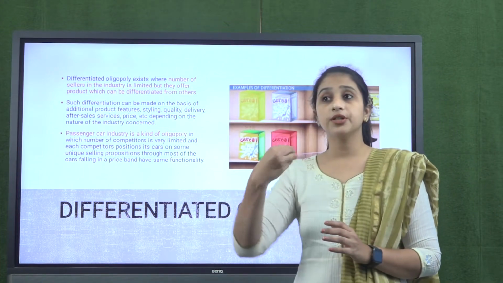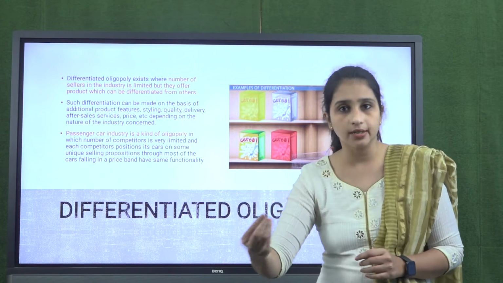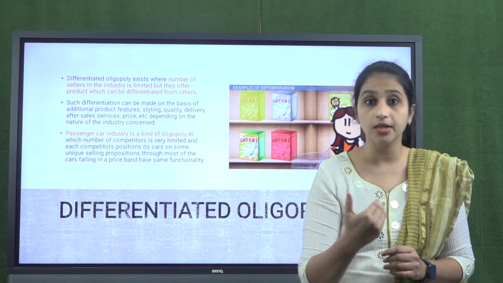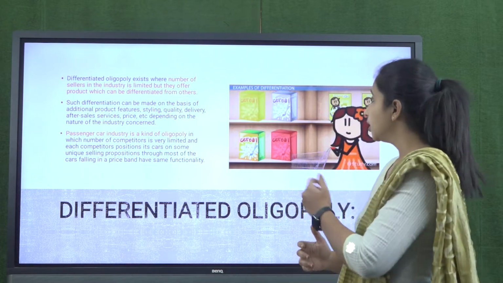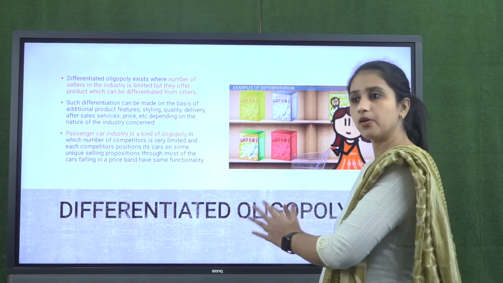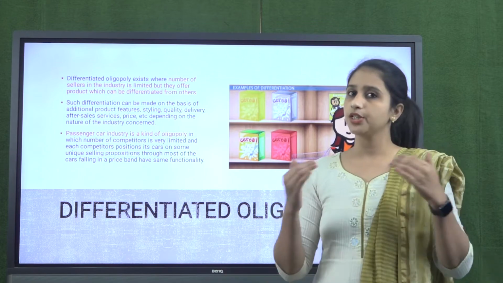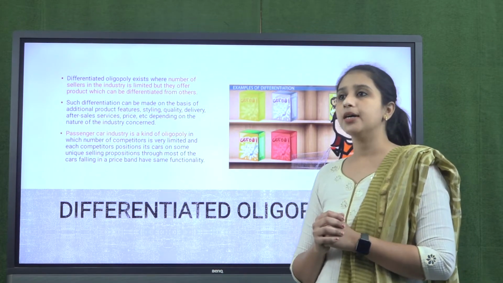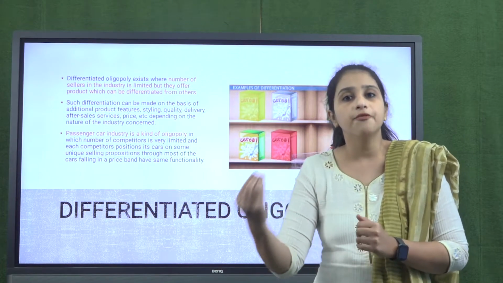Even the differentiation can be in the form of styling. It can be in the form of delivery, that is, service after sales can also be part of your product differentiation. The passenger car industry is an example of differentiated oligopoly, where there are fewer companies operating in the market, but they are selling their cars based on some unique features.